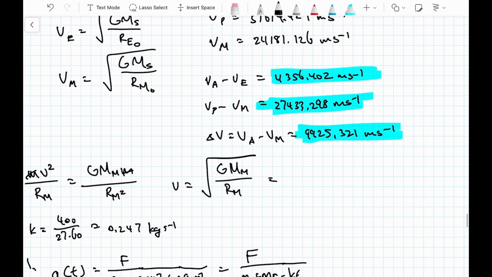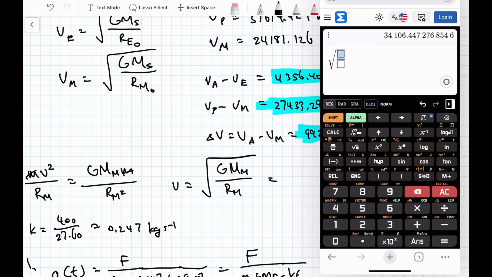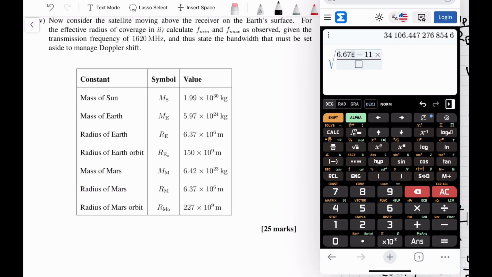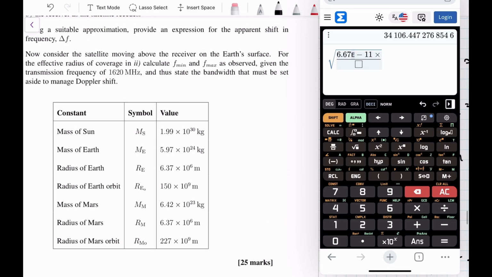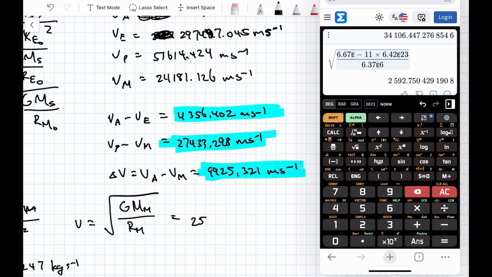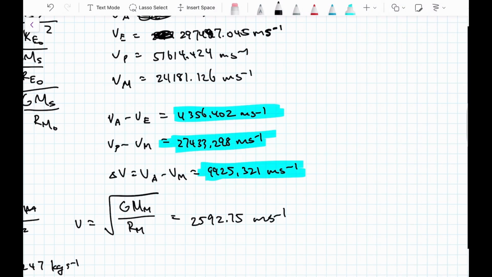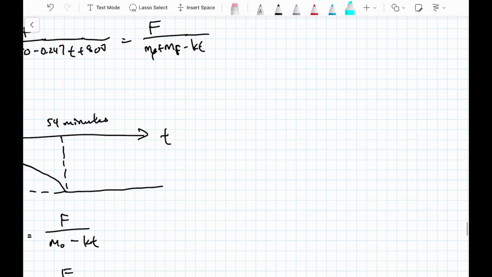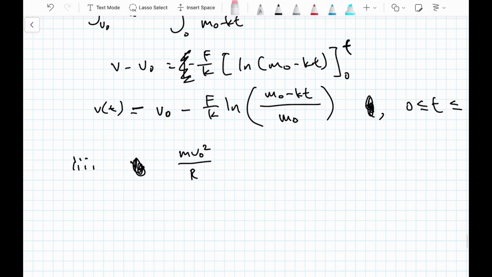That is 6.67, multiplied by the mass of Mars, which is 6.42 times 10 to the 23, over the radius of Mars. Okay, so that's exactly the same as Earth. Interesting. And then we have 2592.75 m s minus 1, and this should be the answer to the question. We utilize this down over here, so we don't have to do this again.